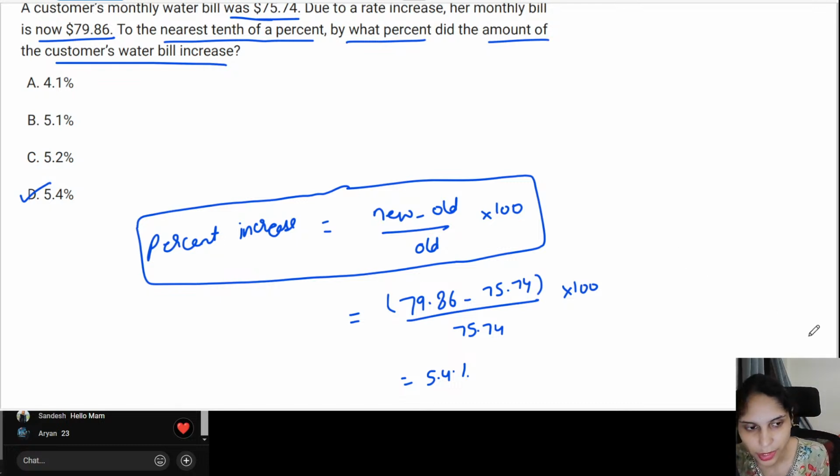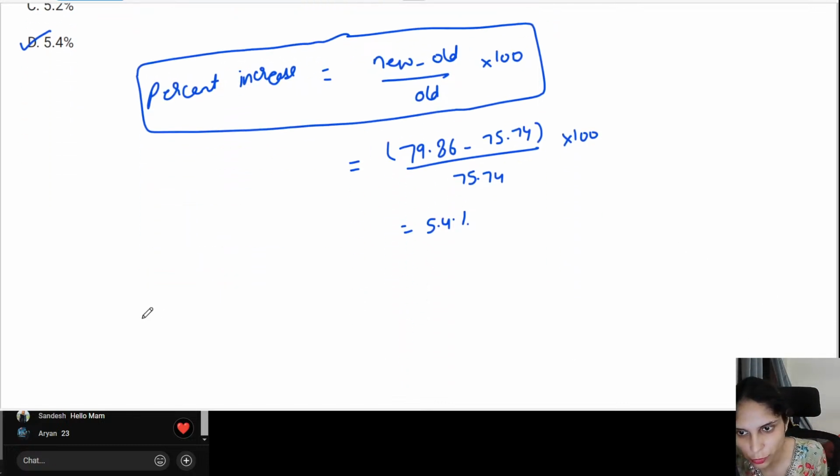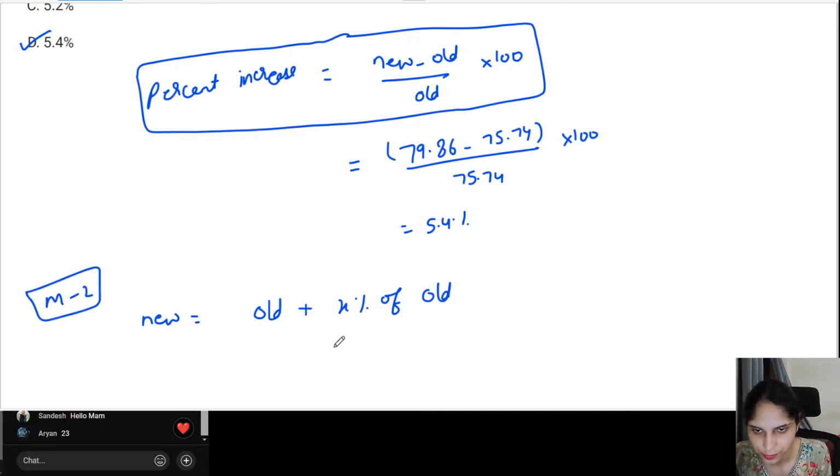And if you're wondering how we're getting this formula, to get the new value, we have been doing old plus percentage of x, like some percentage of old, right? So here we do not know how much. This is your method too. Or you can also write new is equal to 100 plus x divided by 100 times old.